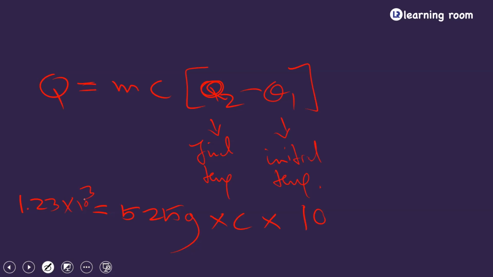So all I have to do is substitute and find C, which you will get around 234 joule per kg Celsius, or kg Kelvin also you can write, because it's using delta T.